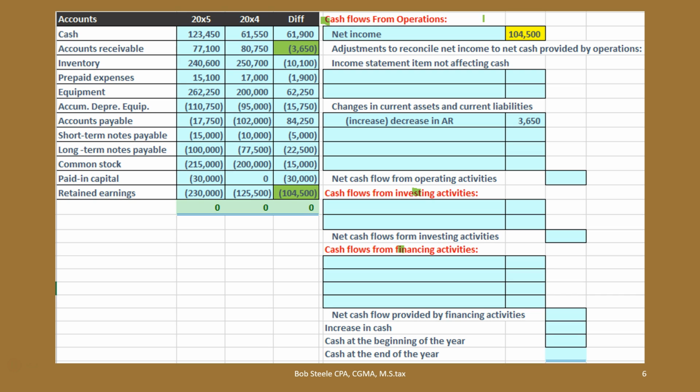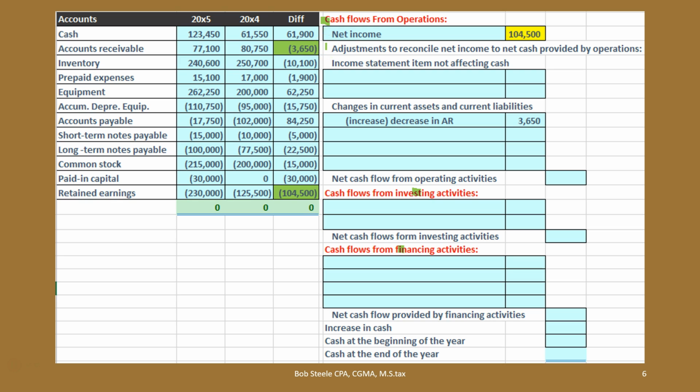So we're backing into the income portion by looking at the change in the balance sheet accounts, and the change in the income statement account related to accounts receivable is income, revenue, which is an income statement account. Therefore, it must be going in the cash flow from operations.